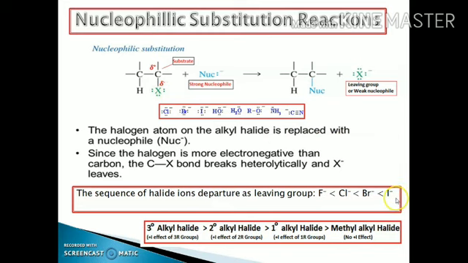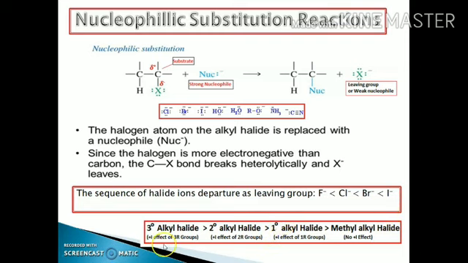As we know, there is a large size difference between carbon and iodine. It means this bond breaks easily and iodine acts as a better leaving group in comparison to the other halogens.